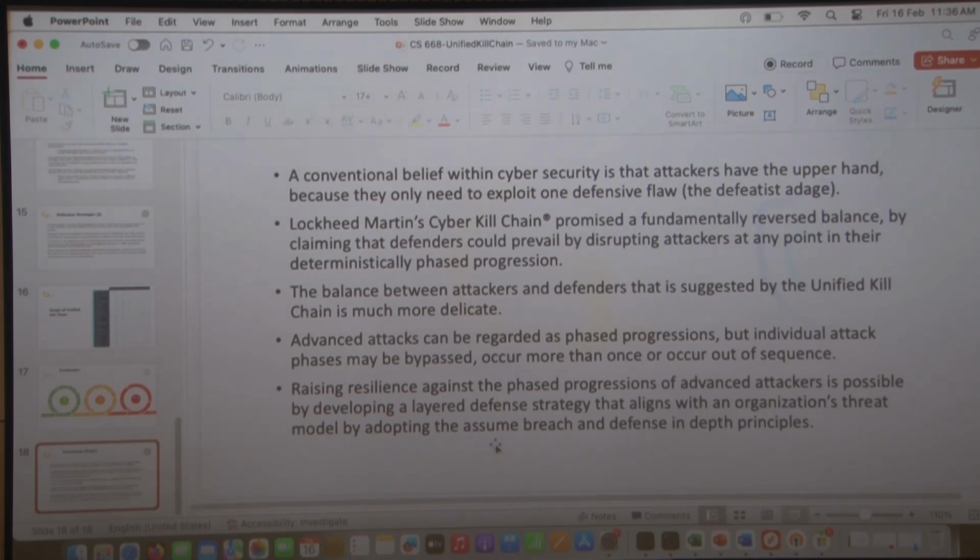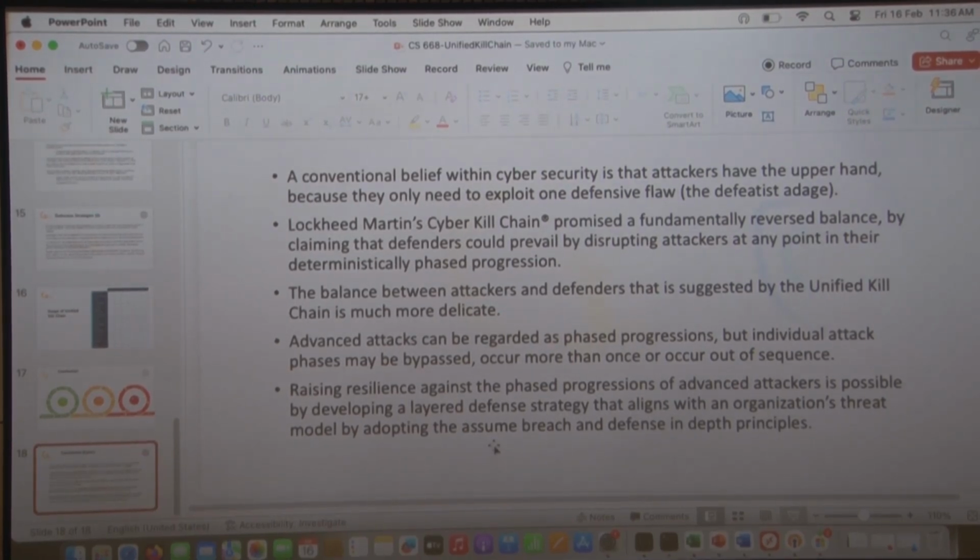In this course I have no idea, and sir can only clear whether we are going to cover the threat modeling aspect or not. But yes, we have to create these defensive strategies which align with the organization's threat modeling, assuming these two principles, assume breach and defense in depth. So threat modeling, I have no idea right now whether it is in the syllabus or not. Sir can answer.